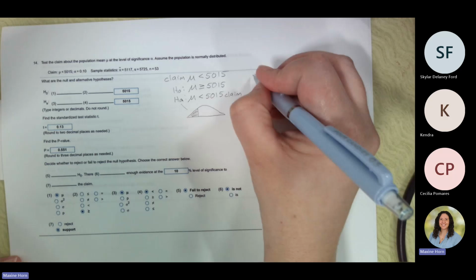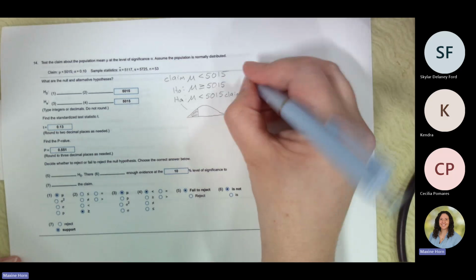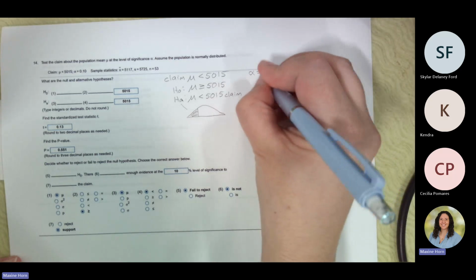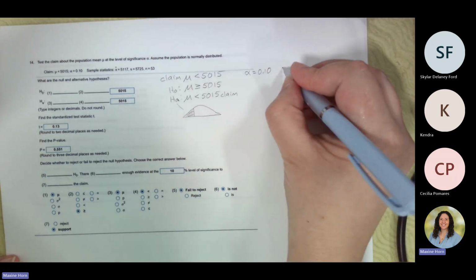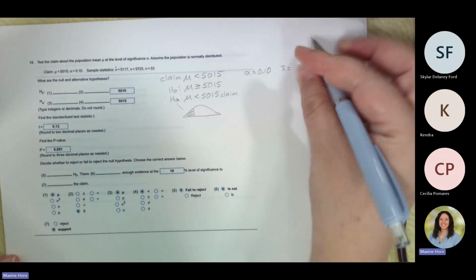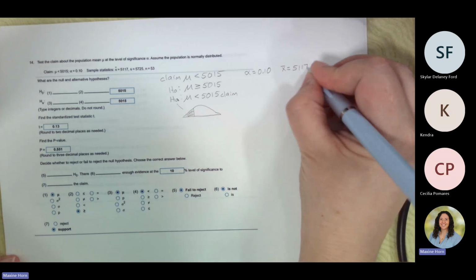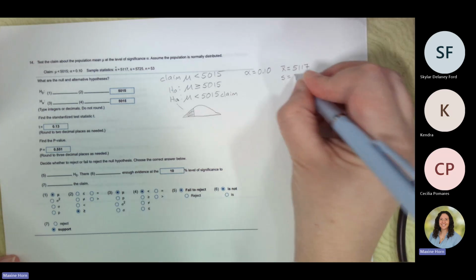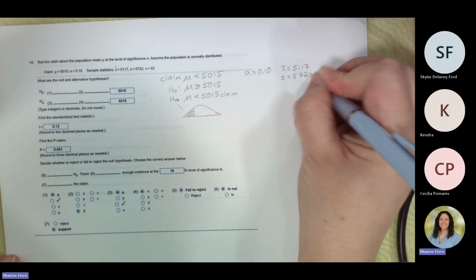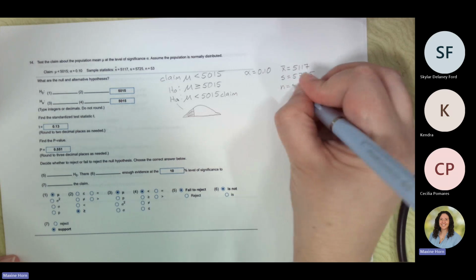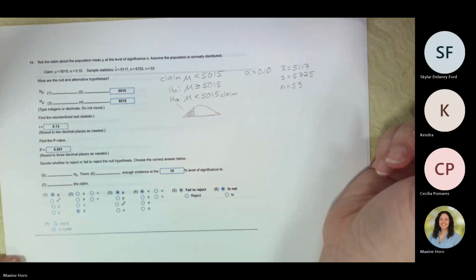Let's go ahead and write everything else they gave us. They want a level of significance of 10% or 0.1. Our sample statistics are that the sample mean is 5117. Our sample standard deviation is 5725. And our sample size is 53.